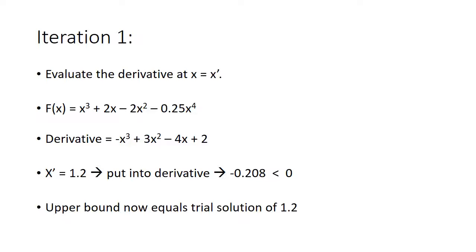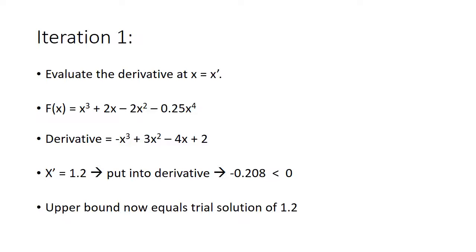Because that answer is less than 0, we're going to make a new upper bound equal to the current trial solution of 1.2. The lower bound stays the same at 0, and the last upper bound was 2.4.